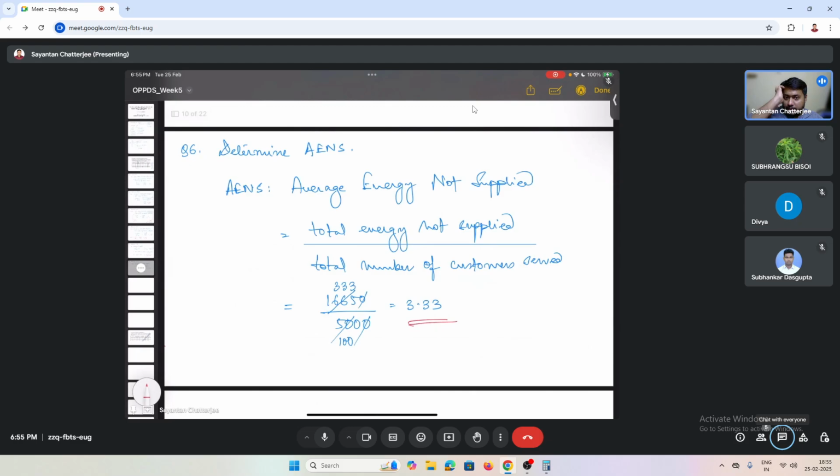This is the AENS, average energy not supplied. Simple. So total energy not supplied, this we can also imply as ENS, and this is the NT. So ENS by NT. For individual customers, we can also represent them as the summation of the total energy that has been interrupted, or total energy that has not been supplied to the customers.